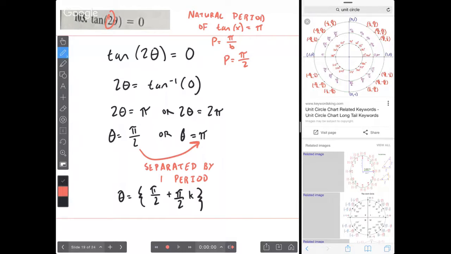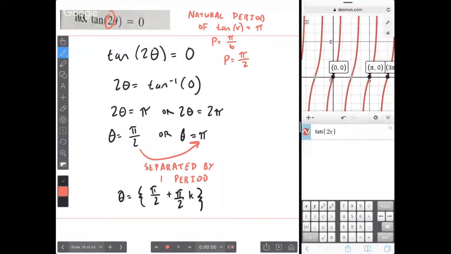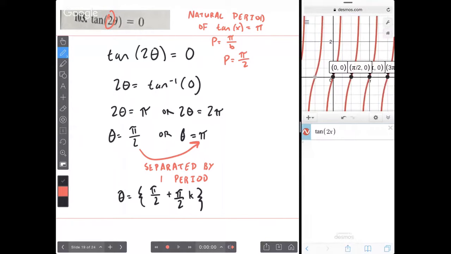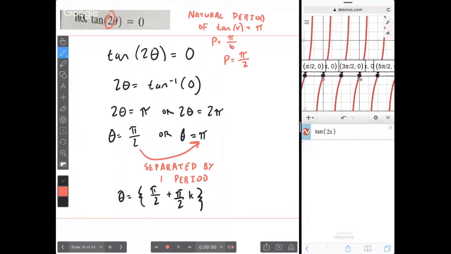There we go. That's better. Now when I check on Desmos, that's what I see. Pi over 2, pi, 3 pi over 2, etc. Solid.